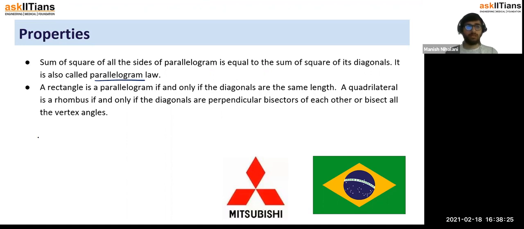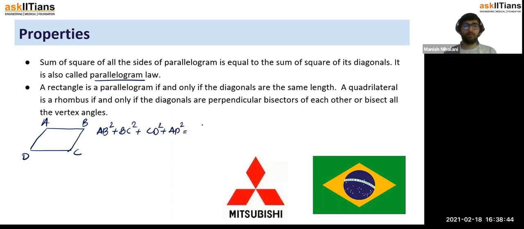So if you are considering a parallelogram ABCD, the sum of squares of all the sides, that is AB square plus BC square plus CD square plus AD square, is equal to the sum of squares of its diagonals, that is AC square plus BD square. This is known as the parallelogram law.